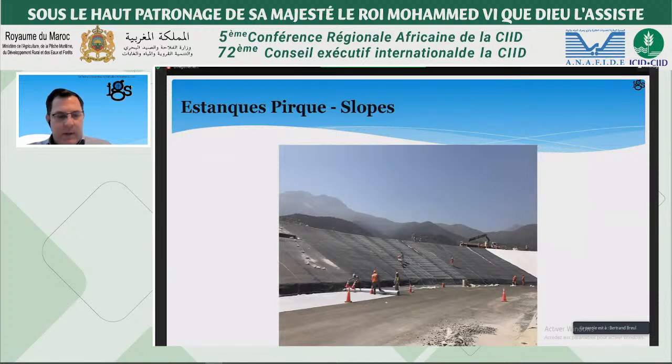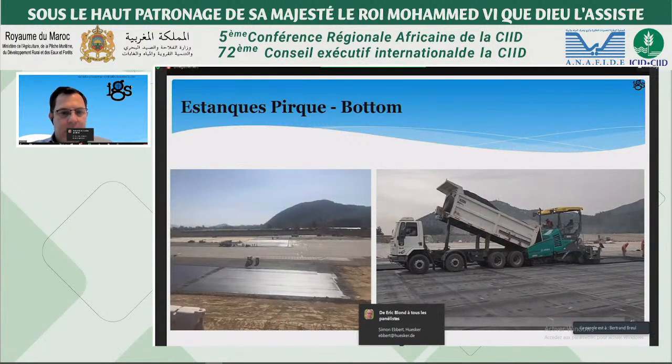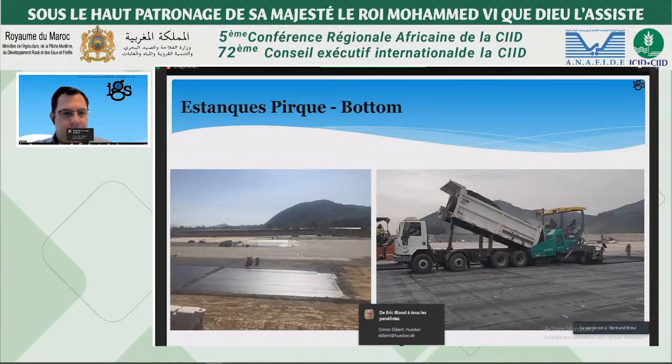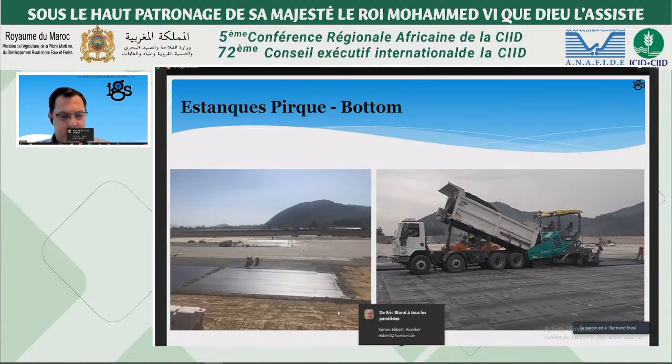So here you can see the WG-M remain exposed above the water level. And on the right, you have the drainage geocomposite, and on top you have the geomembrane. So here you see the bottom.